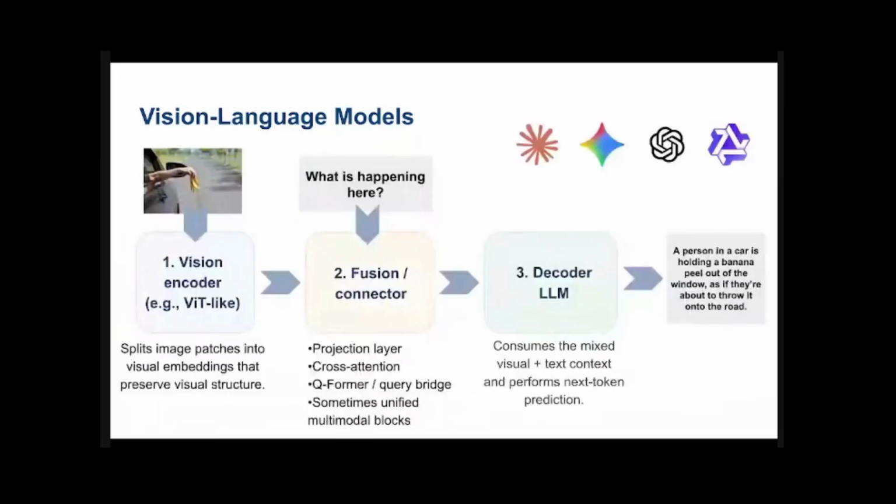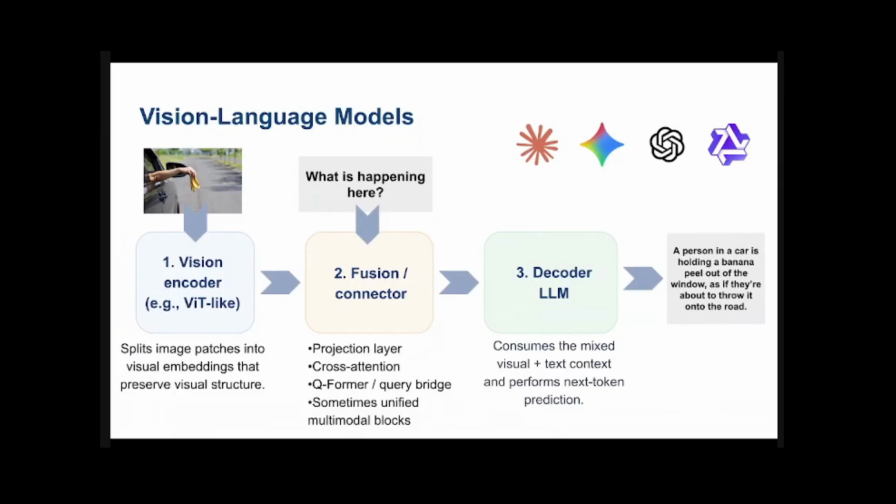And to discuss this in a bit more detail, a vision language model has a vision encoder component that takes the input image and transforms the image patches into some visual embedding representations, as some form of tokens, if you will. And this is usually done by some transformer-like architecture.